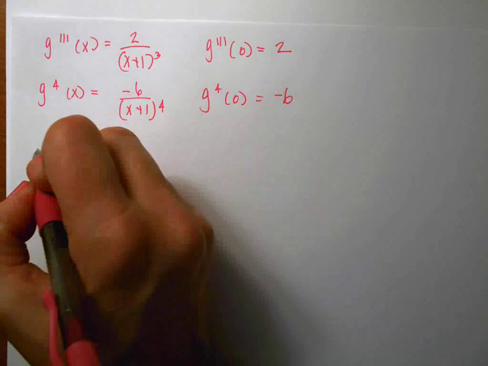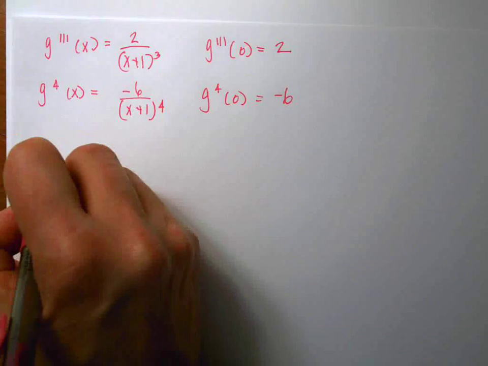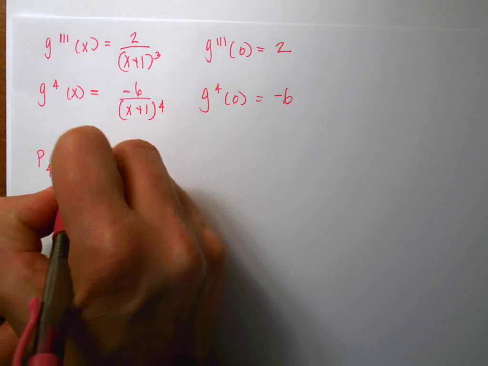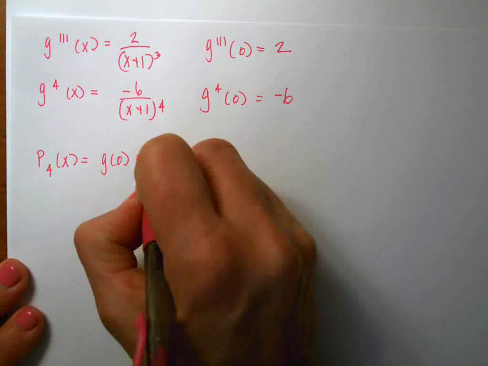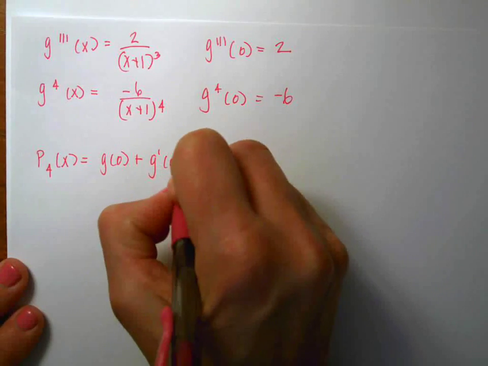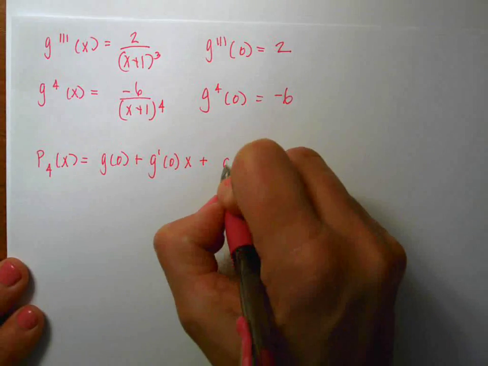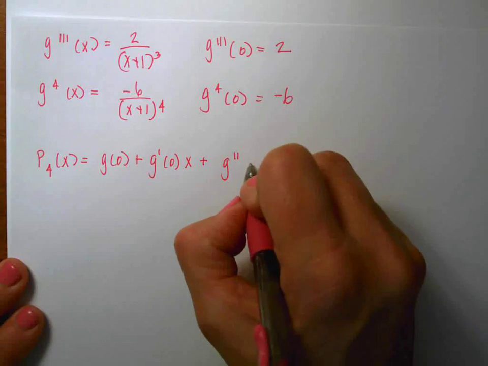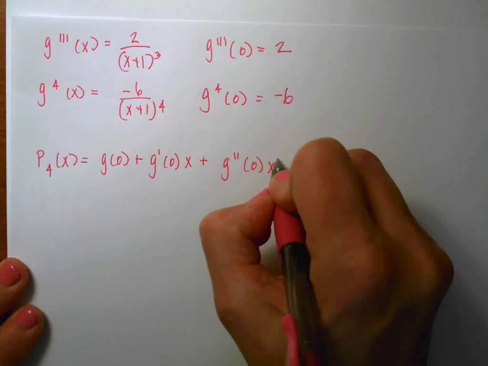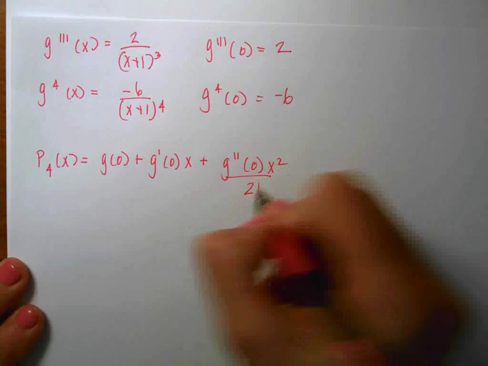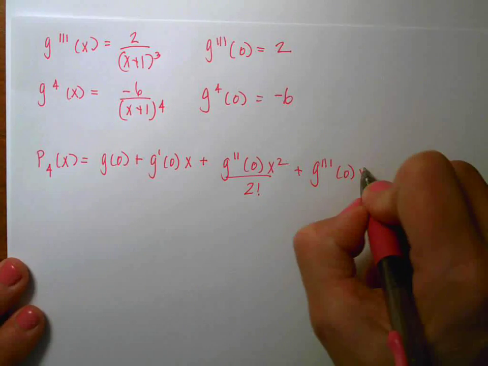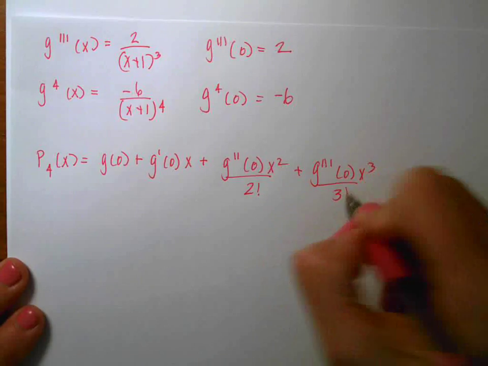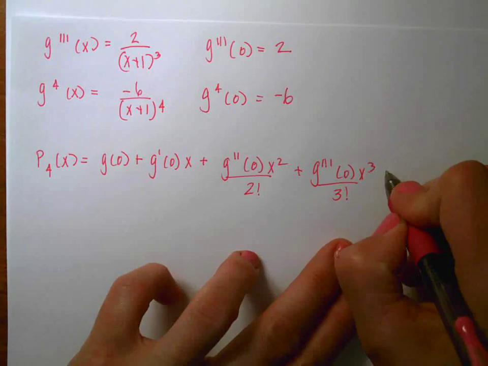So now I'm ready to write my fourth degree polynomial, and it's going to be g of 0 plus g prime of 0 times x plus g double prime of 0 times x squared over 2 factorial plus g triple prime of 0 x cubed over 3 factorial.